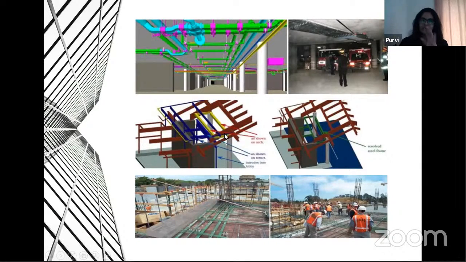So Navisworks is a very nice way to identify the clashes, but you need to have a very precise, very specific model for your Navisworks. You cannot just have an uncoordinated model; it tends to have more errors.